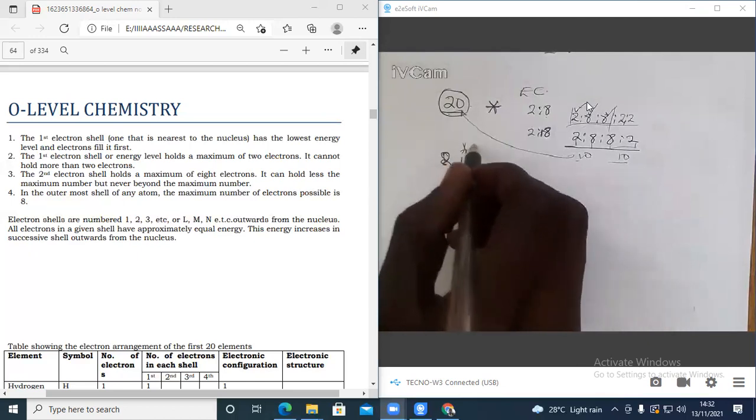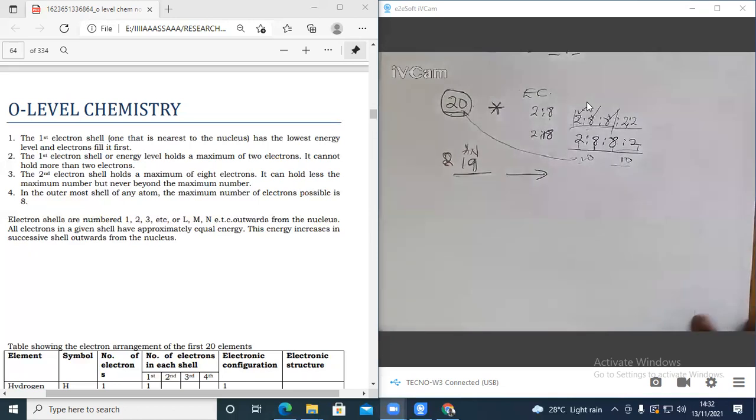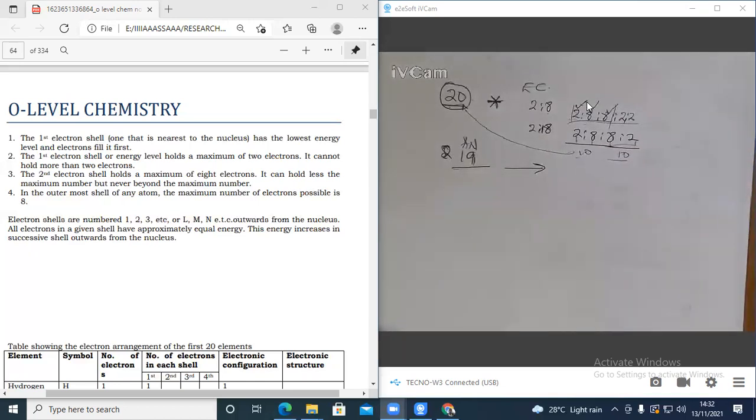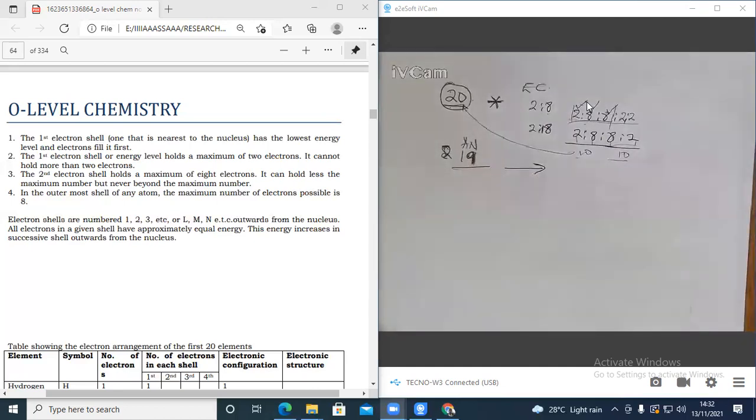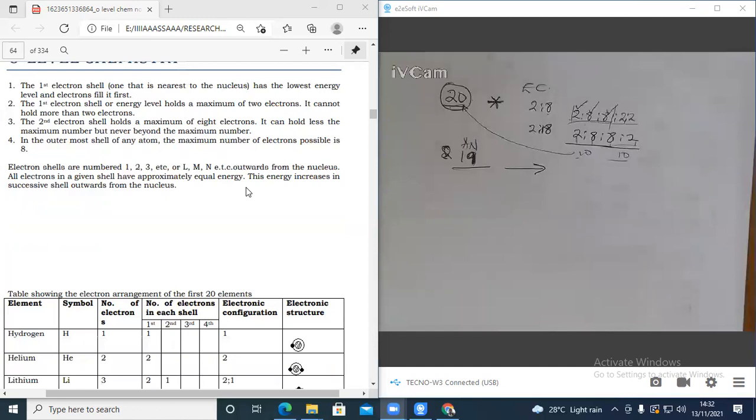What is its electronic configuration? Repeat the question.